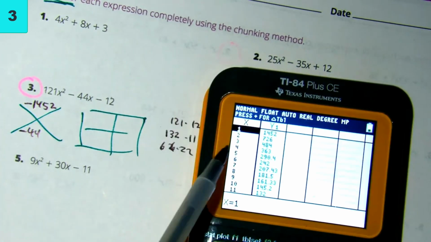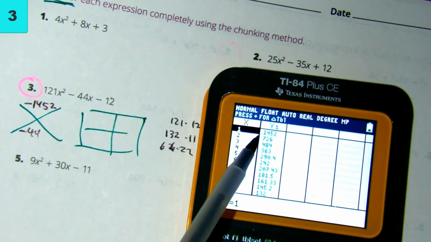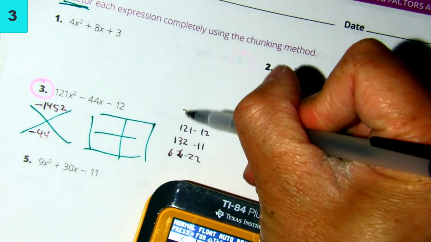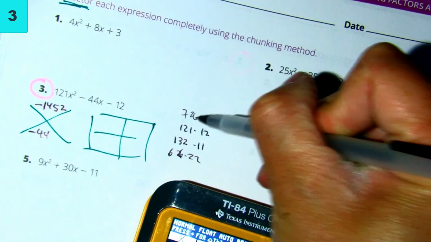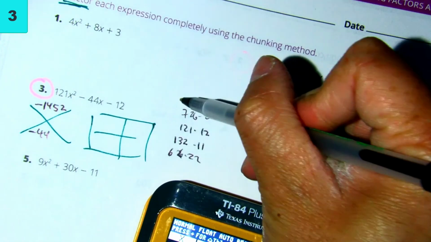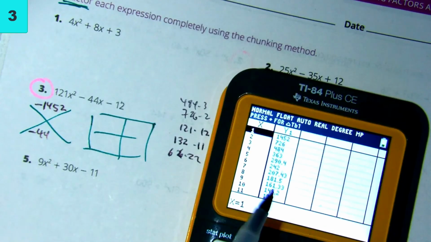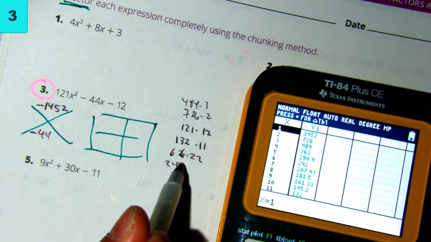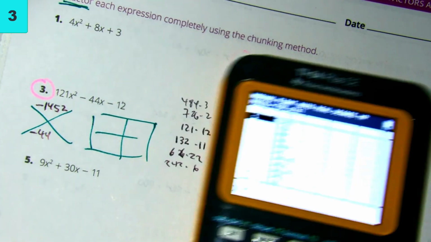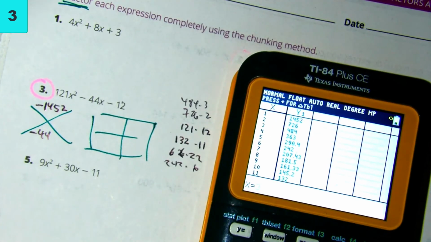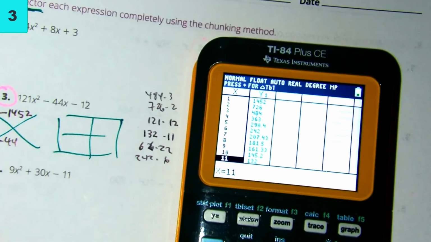Any whole number, so now it has 2 times 726. I'm not going to list out all of these, but it basically punched out all the factors for me. And anytime it's a whole number, 6 times 242. 132 times 11, which we got. So I'm just looking for any other whole numbers. 12 times 121.